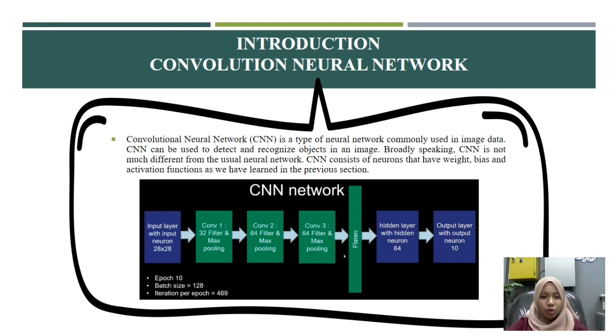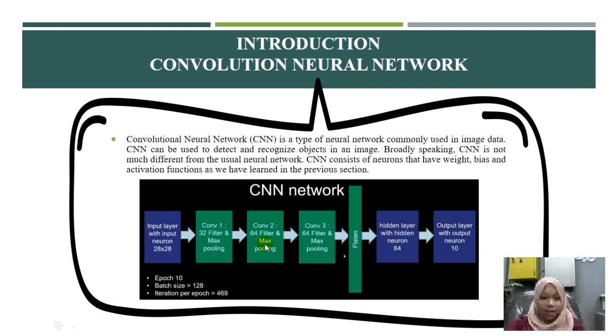CNN can be used to detect and recognize objects in an image. Broadly speaking, CNN is not much different from the usual neural network. CNN consists of neurons that have weights, bias, and activation function, as we have learned in the previous section.